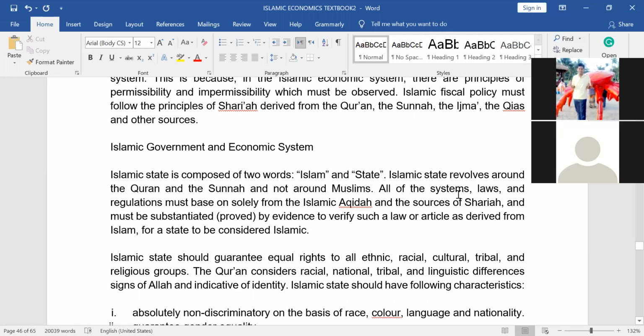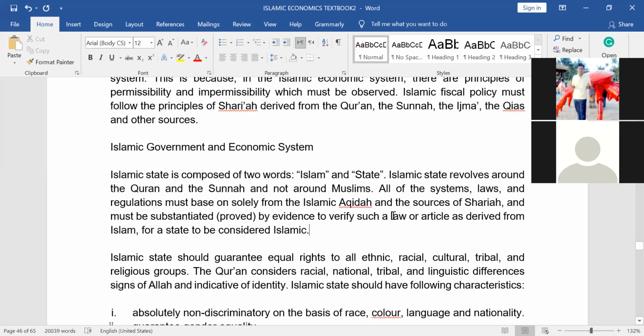Yang penting negara Islam itu semua sistem undang-undang dan regulations mesti berasaskan kepada akidah dan mesti berasaskan pada sumber syariah, dan semua undang-undang mesti berasaskan kepada Islam.